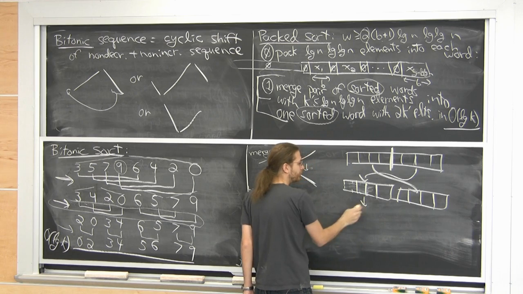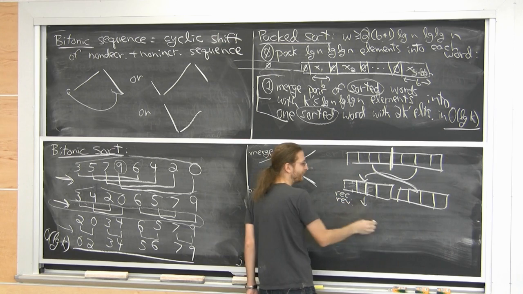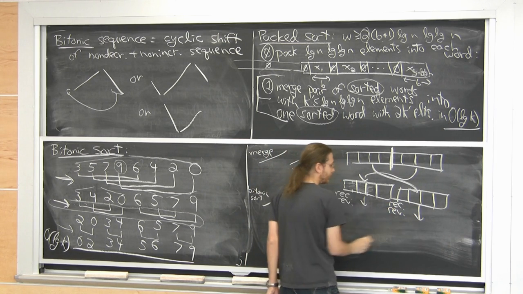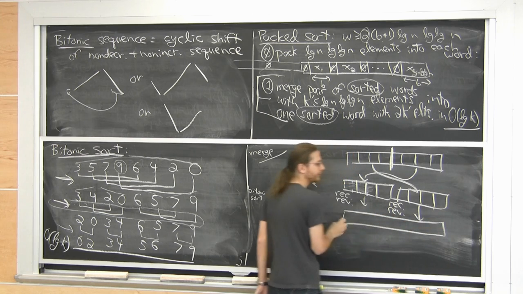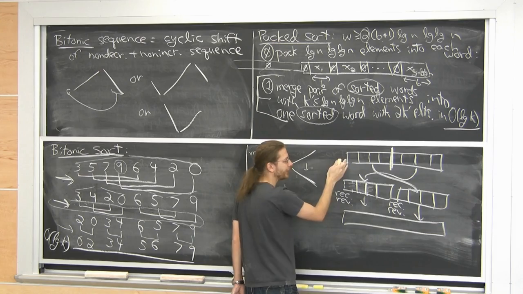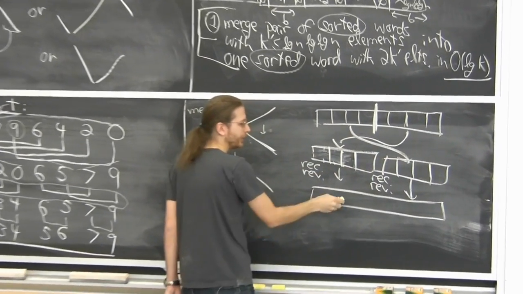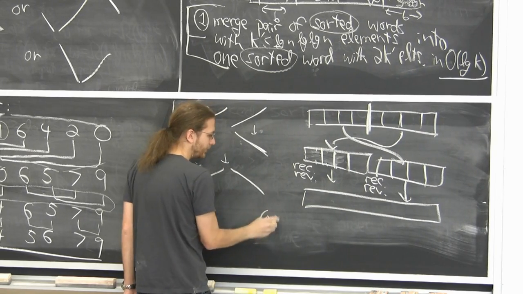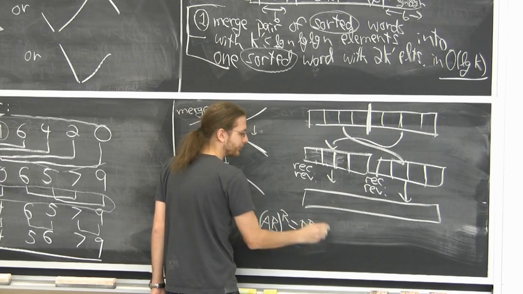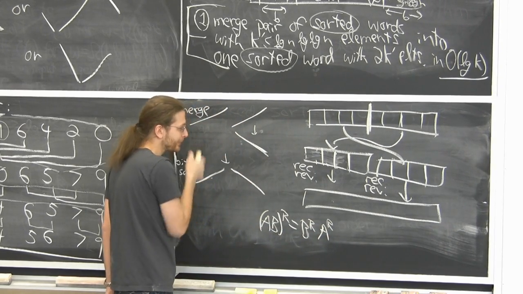Then I recursively reverse this sequence and recursively reverse this sequence. And then I have the reverse sequence. This is one way to reverse items: do the big part and then recursively reverse. AB reverse is equal to B reverse A reverse. Just a fun fact. So we're implementing that.